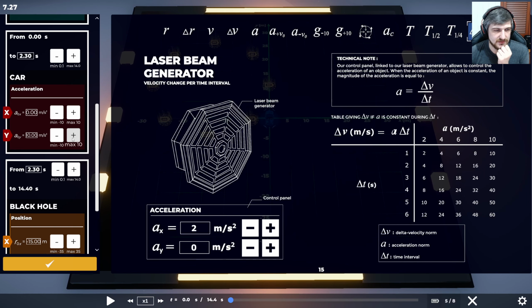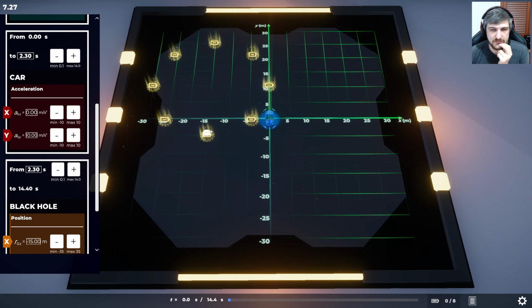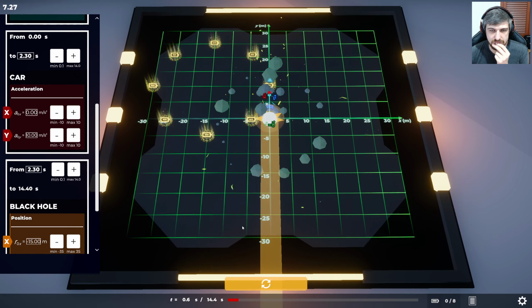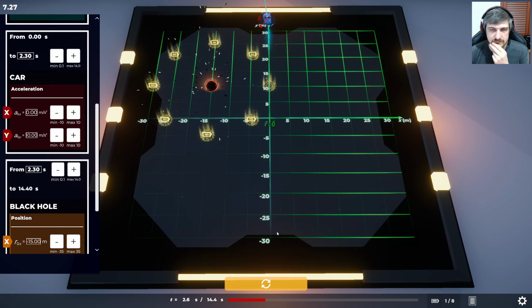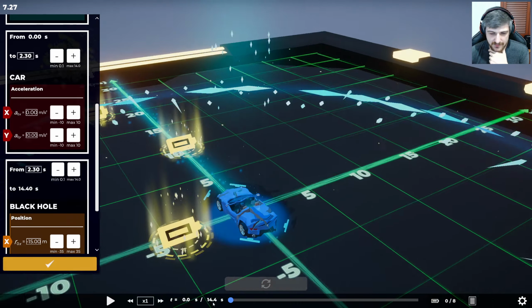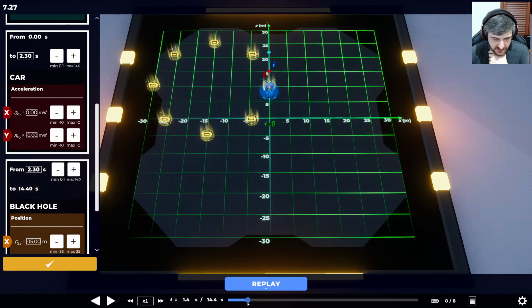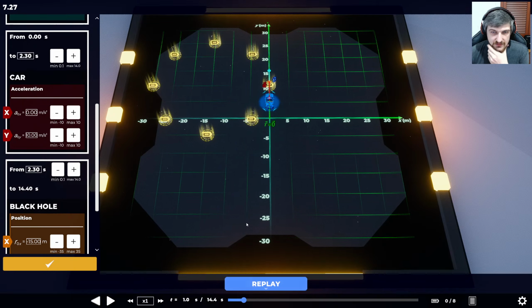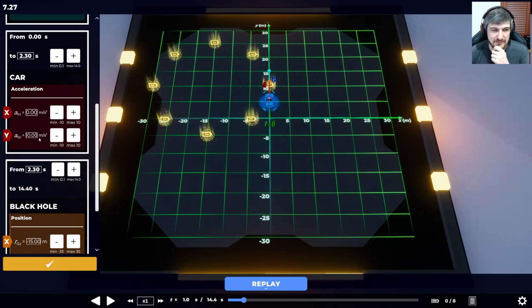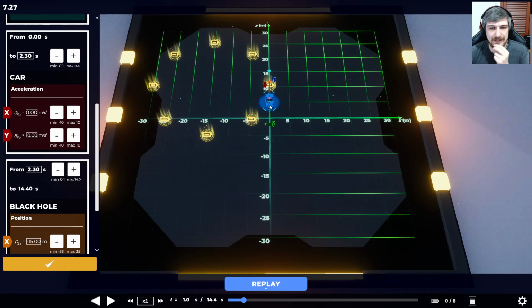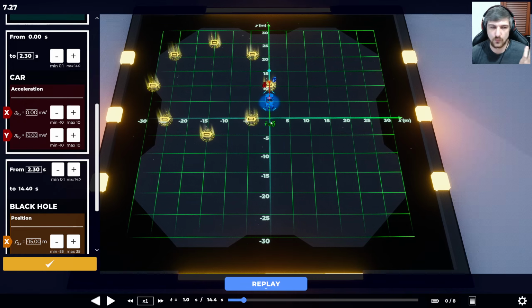I want to see what this does. Acceleration. Right. So it is not about the distance you reach anymore. It's the velocity. So it's 10 meters per second. So we do actually reach 10 meters per second in 1 second.